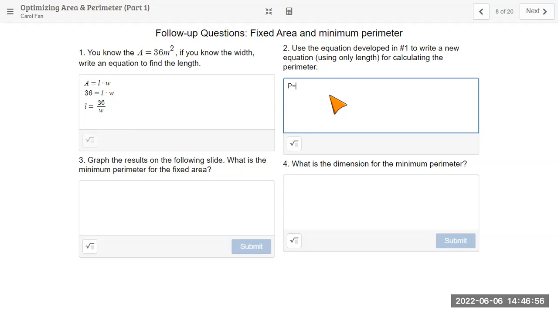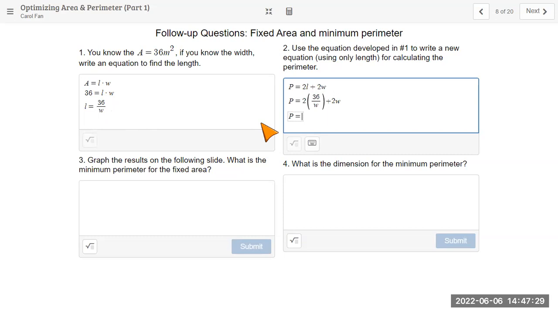So let's revisit perimeter. Perimeter is equal to 2 lengths plus 2 widths. If I'm going to express this in terms of width, the length is 36 over W. So I have 2 times 36 over W plus 2W.